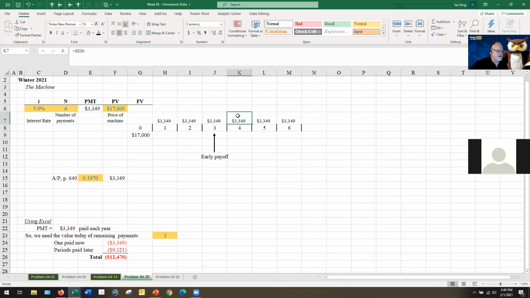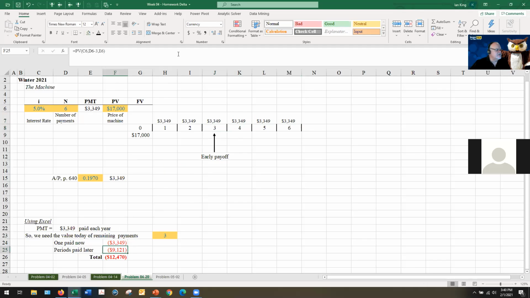What is the year 3 value of these? Well, at year 3, you have the present value of the loan minus the 3 payments, because you have 3 remaining future payments, 4, 5, and 6. You're standing in year 3 right now. So how do you discount these payments back to where you are now in year 3?